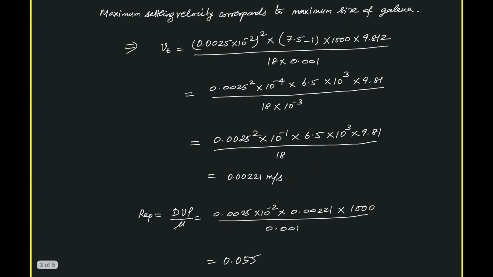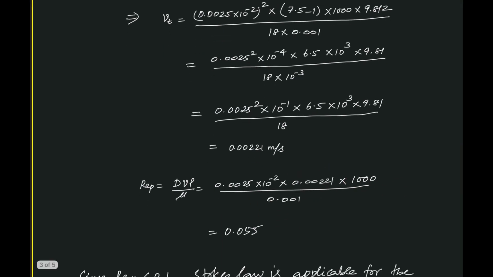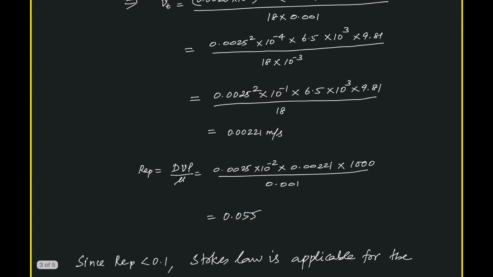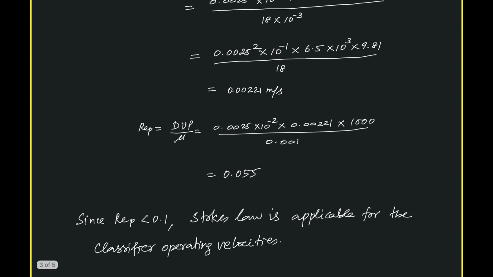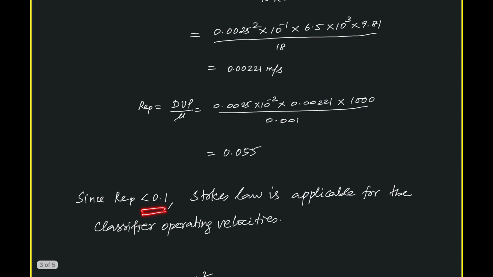Calculating the particle Reynolds number, with the maximum diameter 0.0025, the maximum velocity 0.00221 already estimated, and the density and viscosity of the fluid, it is found to be 0.055, which is lesser than the acceptable Stokes law regime Reynolds number of 0.1.